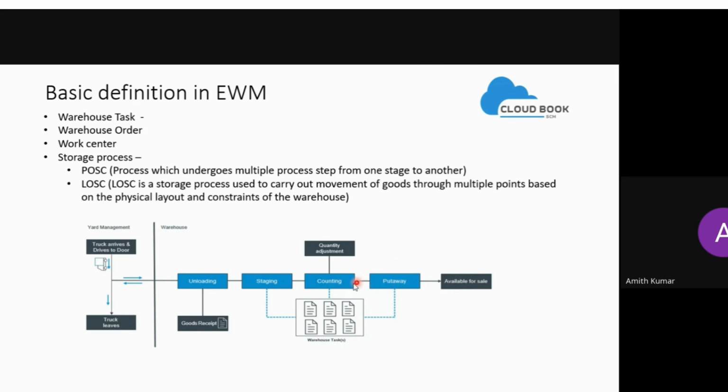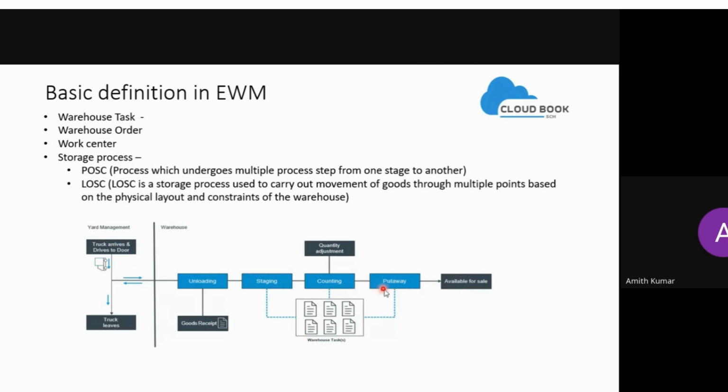So before I move my stock to the first floor, I will have to store my goods somewhere near the lift in a warehouse. So that lift is nothing but my intermediate point. Before I move my stock from the quality area to my final first floor area, I will be keeping my handling units or my stock at the intermediate area. Then from the intermediate area, I will move it to my first floor.